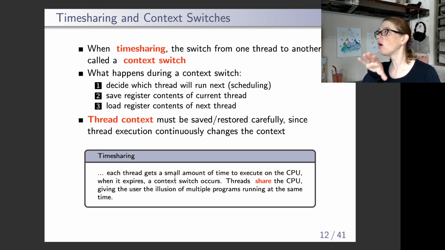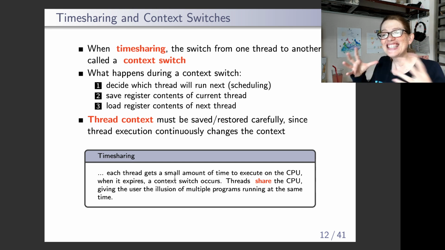Your core only has one set of registers. And while a thread is running, those registers are going to contain the values that pertain to the running thread. So the program counter will be an address within thread A. Register 31 will be the return address, and so on and so forth for thread A. That is a state or a context.